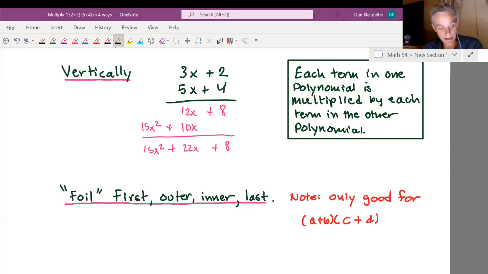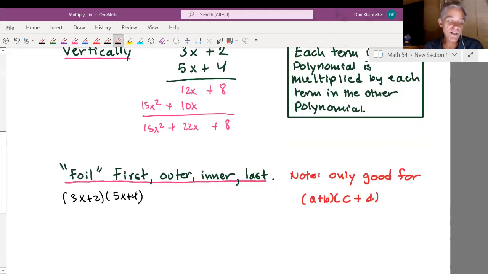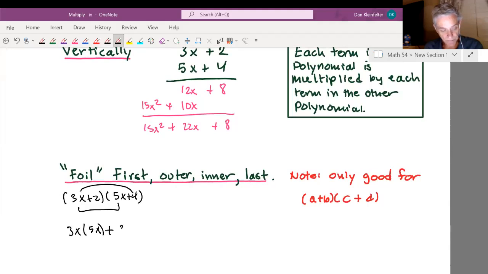So let's rewrite the problem first. We have 3x plus 2 times 5x plus 4. So now the firsts here will be, we're multiplying the firsts out of each pair, 3x times 5x. Then for the outers, that will be 3x times 4. And then for the inners, 2 times 5x.